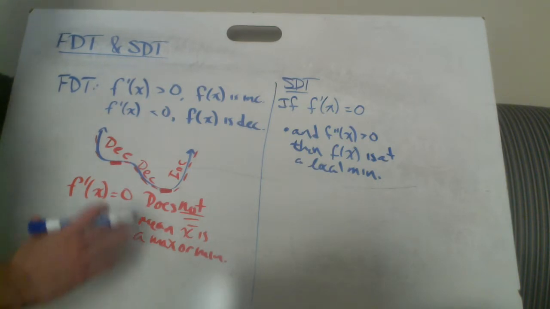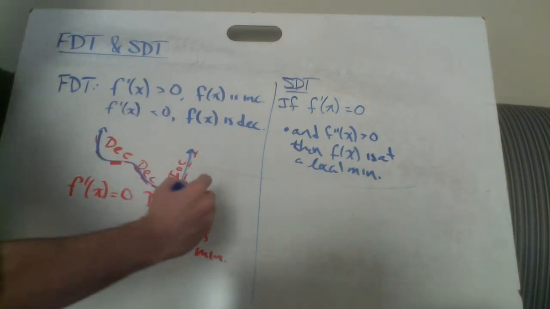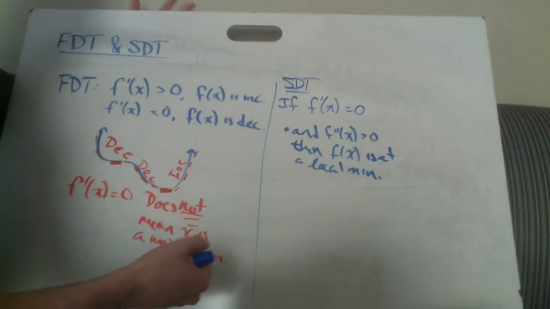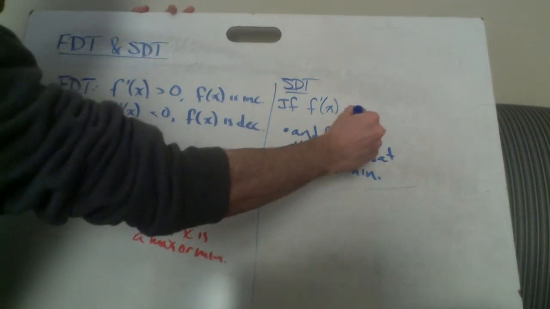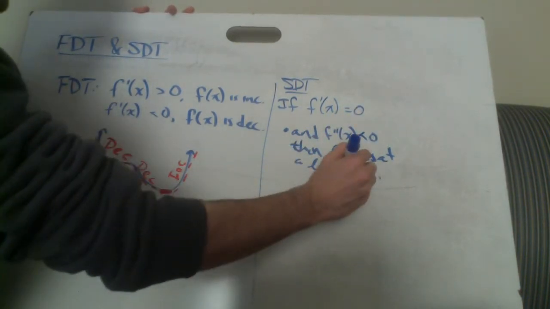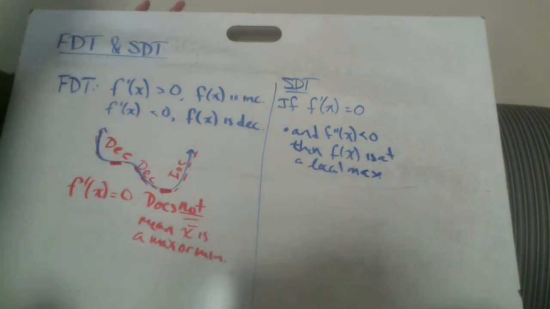Similarly, if we're concave down and the derivative is 0, then f of x is at a local maximum. So we can use this second derivative test rather than using these sign lines that we've been using if we want to figure out whether or not we're at a max or a min.